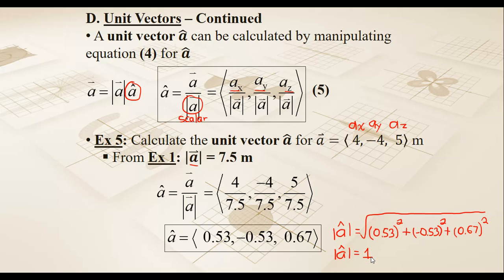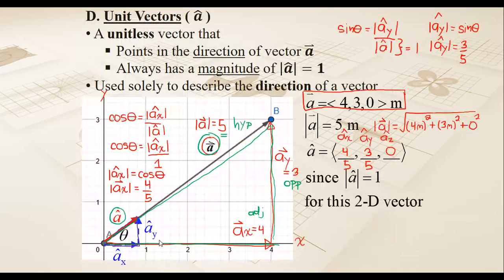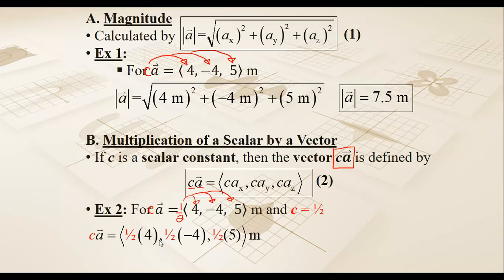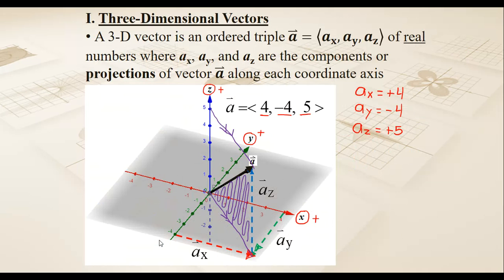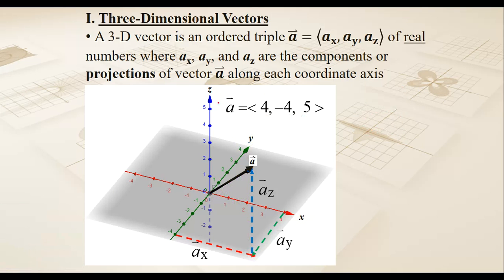Now, let's try to see what this visually would look like. So let's go all the way back to the first slide here, okay? So I'm just going to erase all this junk off of here because it's a little bit too much to look at right now. Okay, so here's my vector A, and we can see what direction it points in.